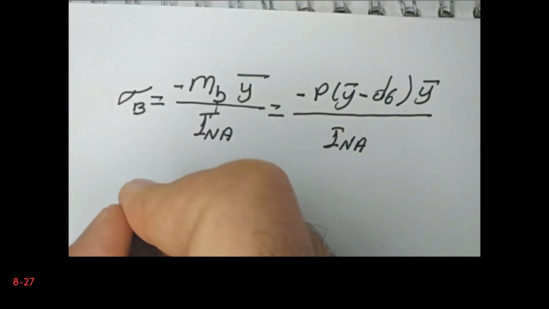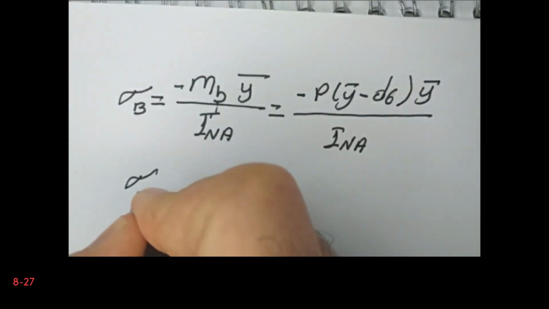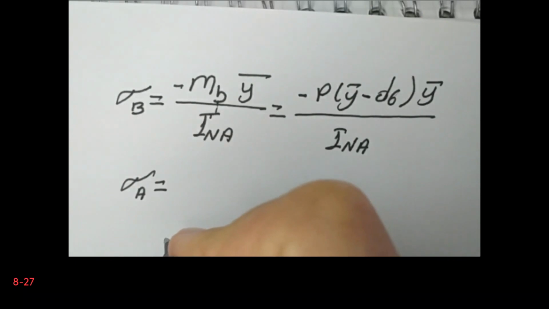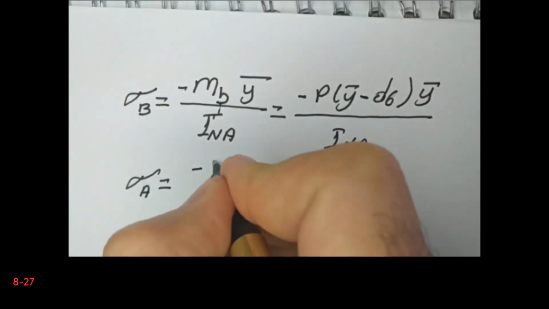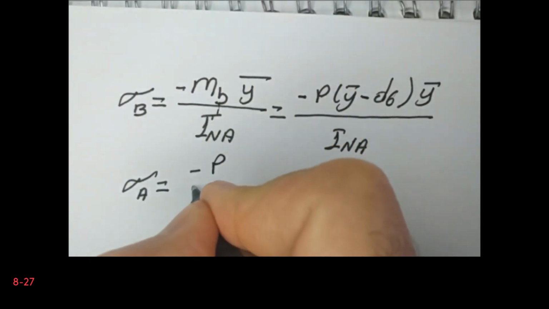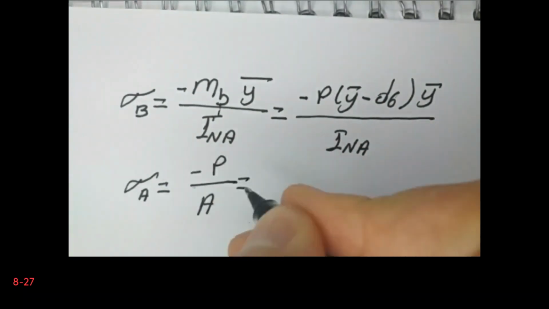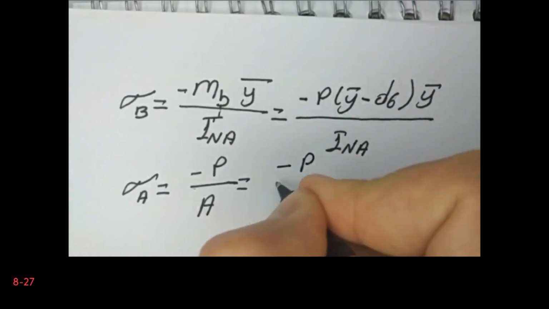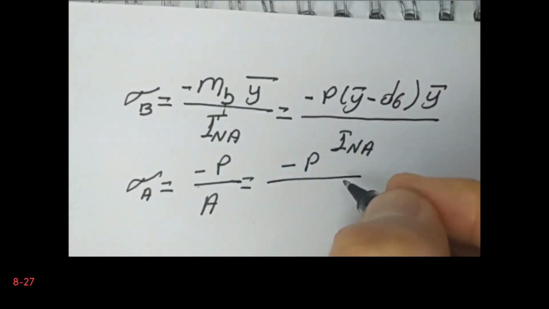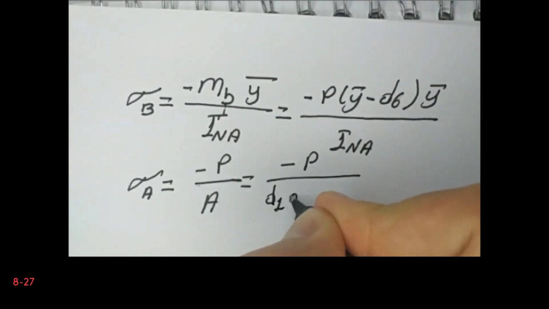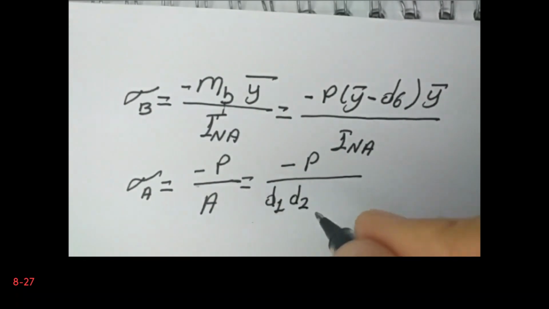Now let's calculate the stress due to the axial loading, and in fact let's call it sigma A. So that is minus P divided by the area, or that is minus P over D1 multiplied by D2 plus D3 multiplied by D4.